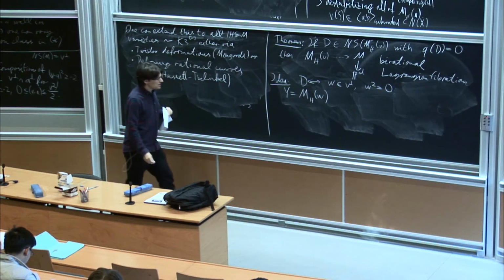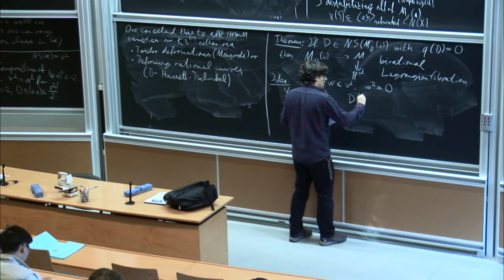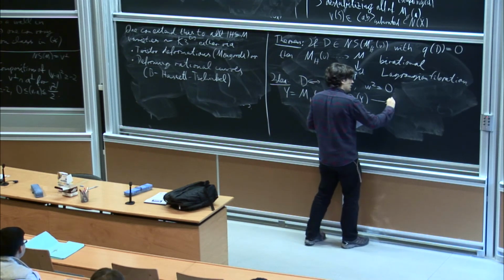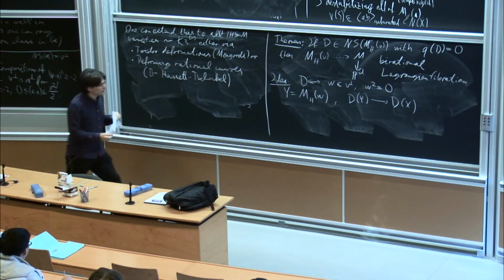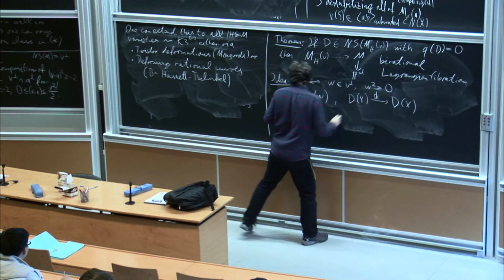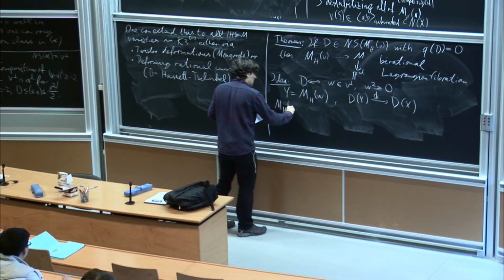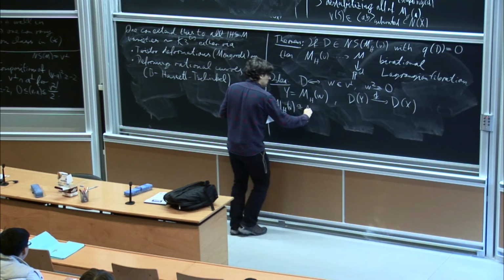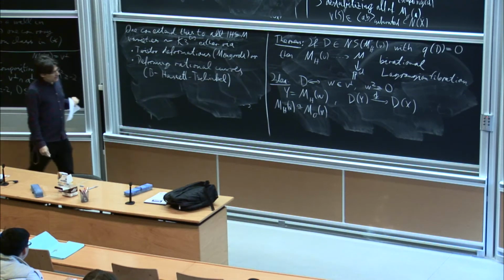This is a K3 surface Y that's derived equivalent to my given K3 surface. I know that M_H(v) is isomorphic to a moduli space of Bridgeland stable objects in the derived category.